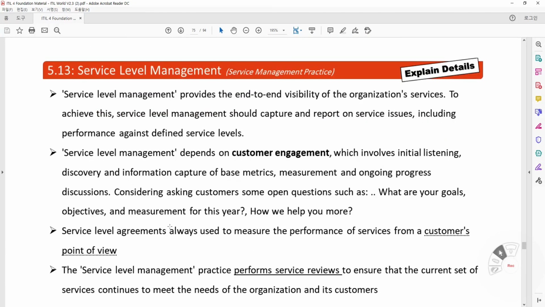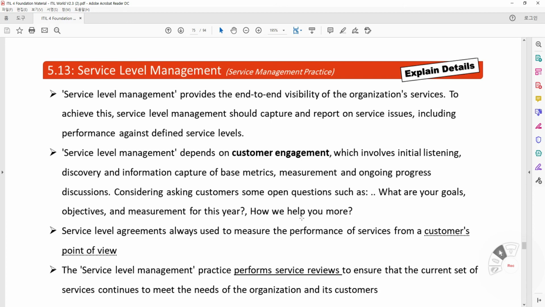Service level management provides end-to-end visibility of the organization's services. To achieve this, service level management should capture and report on service issues, including performance against defined service levels. Service level management depends on customer engagement, which involves initial listening, discovery and information capture of base metrics, measurement and ongoing processes, and discussions. Consider asking customers questions such as: what are your goals, objectives, and measurements for this year?